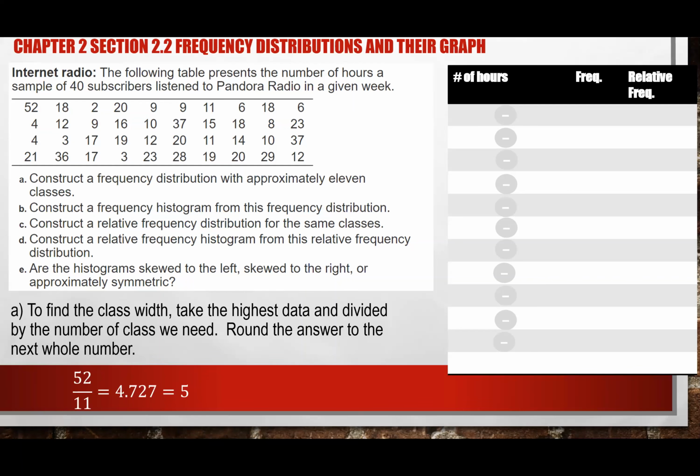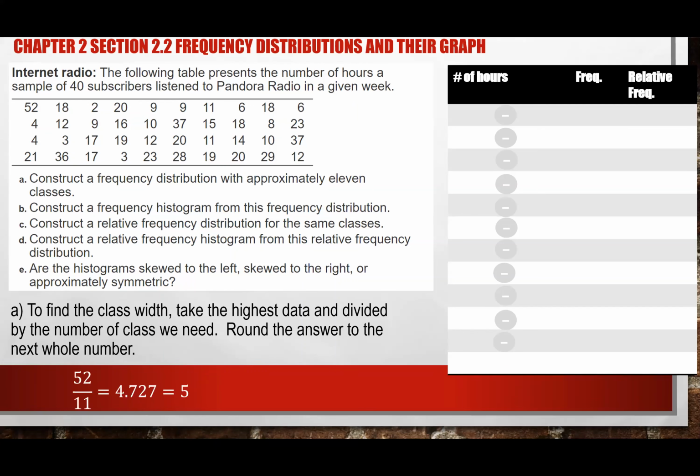You always go up to the next whole number. Even if you have 4.27, you still go up to 5, okay? Because of the number of the class width, you have to go to the next whole number.